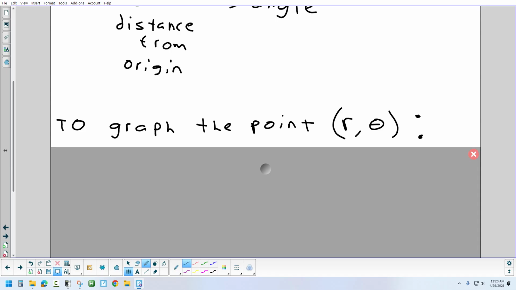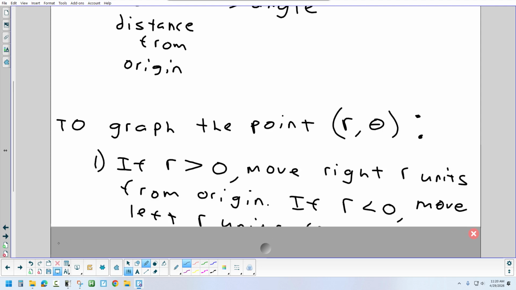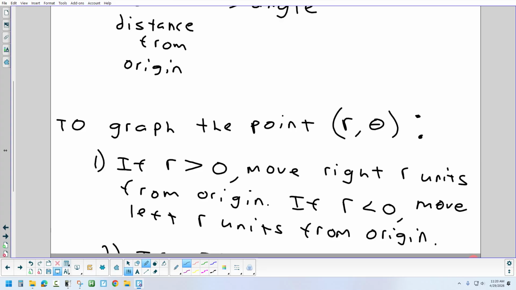All right. So to graph the point, the first thing you do is look at R. R follows the same rules as an X. If R is positive, you're going to start from the origin and move to the right the number of units indicated by R. If R is negative, you start at the origin and move to the left.